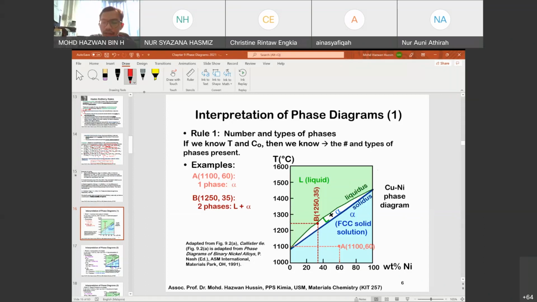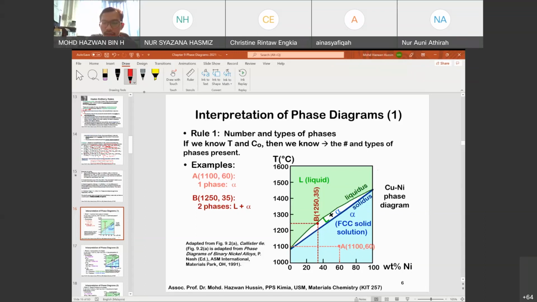I think yesterday I briefly told you that any point that lies between this region, the blue region, will exist as alpha, or solid. So that is why at point A, the phase that will exist is alpha. So you only have one phase.